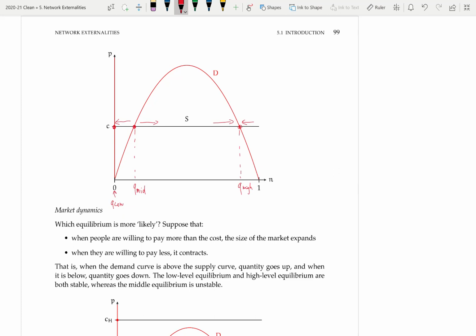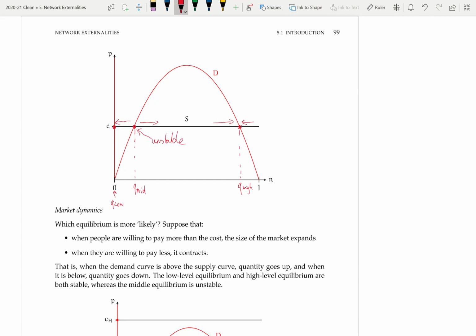The middle equilibrium is what's called an unstable equilibrium, because if we start slightly to the left or right of that equilibrium, then we're going to move away from it. So this equilibrium is unstable. The only way to get to the unstable equilibrium is by starting there. On the other hand, if we start between the middle and the low demand equilibrium, then we'll converge to the low demand equilibrium.